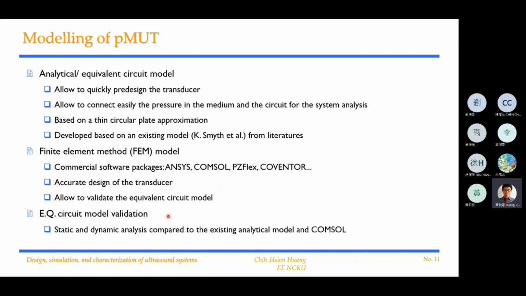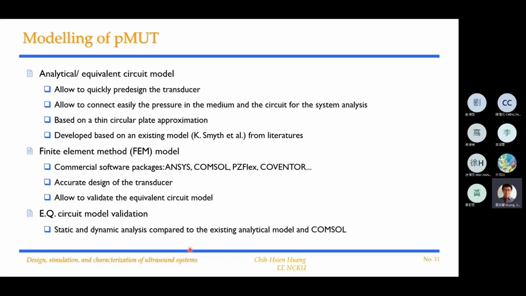So in the end, when we have an equivalent circuit model, whether we build it from literature or by ourselves, we always have to validate whether it's accurate or not. One way is to use the FEM model to do it.